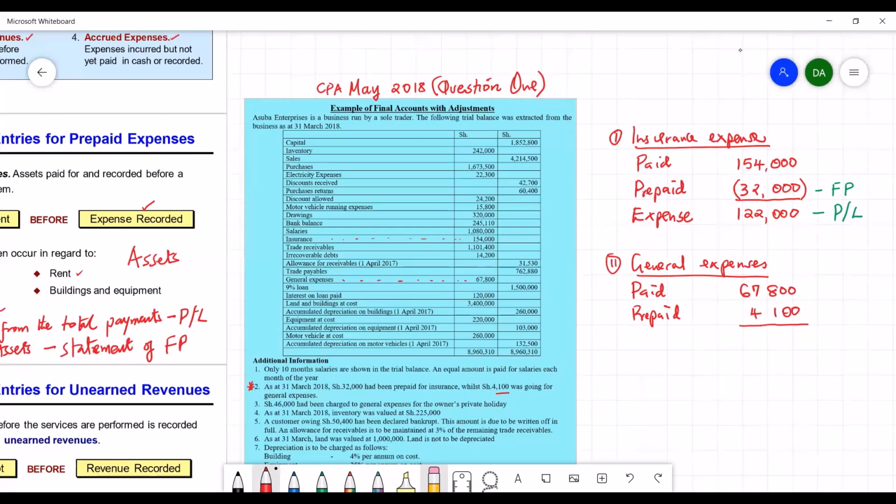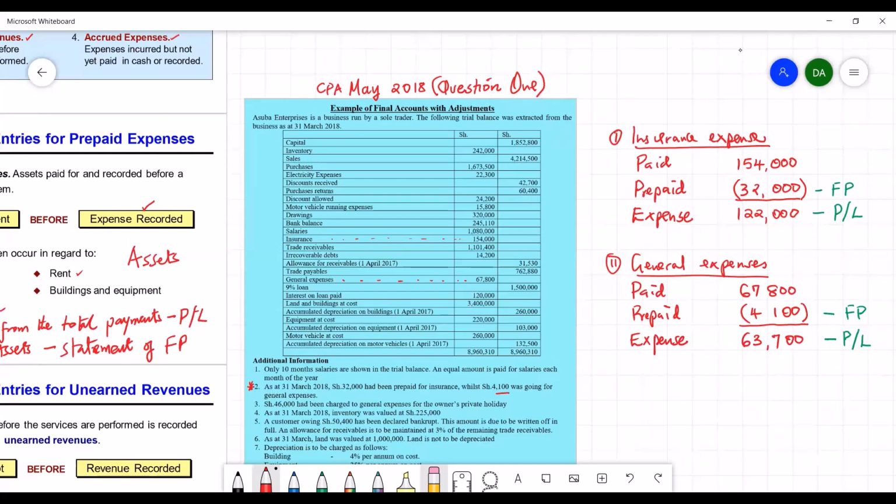That therefore means that the expense for general expenses is 63,700. And that is the amount that should now be reported in the statement of profit or loss as operating expense. And in the statement of financial position, what we report is 4,100, which is the amount for prepayment.